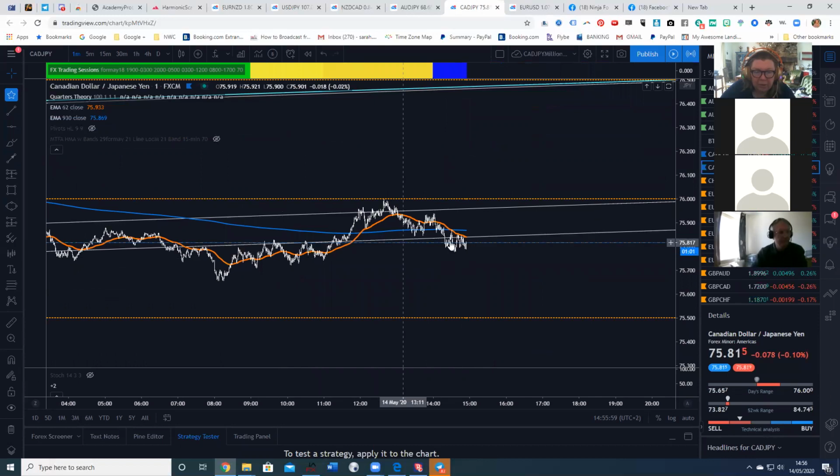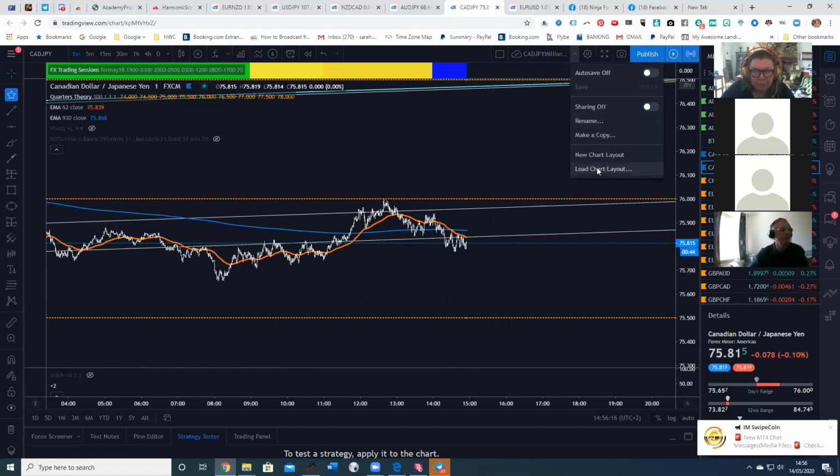That's just the extensions of a scan. It's being pushed out of it. No trade for me on CAD JPY till it decides to come back into that scan, or I look in my history and see if I've got an older scan. Okay, so nothing on CAD JPY for me.